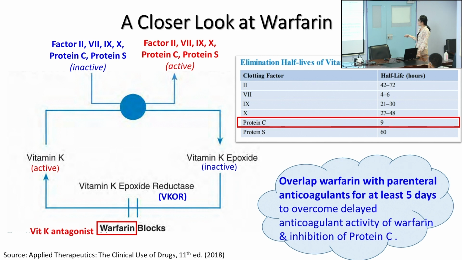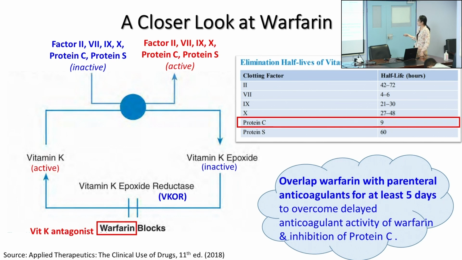So what is very important is here on the bottom right. Usually when we give warfarin, we have to overlap warfarin with parenteral anticoagulants. Usually the parenteral anticoagulants have quick onset and are short acting. Usually we can give heparin or enoxaparin.